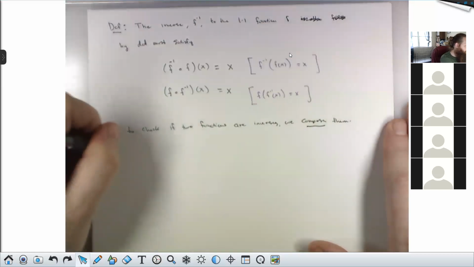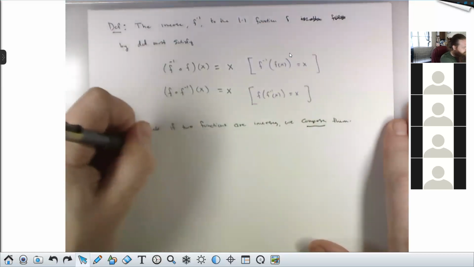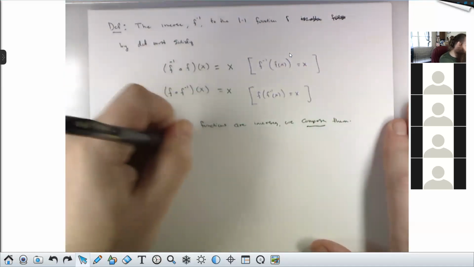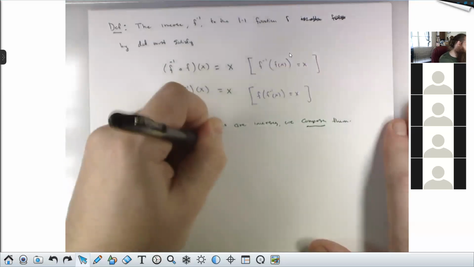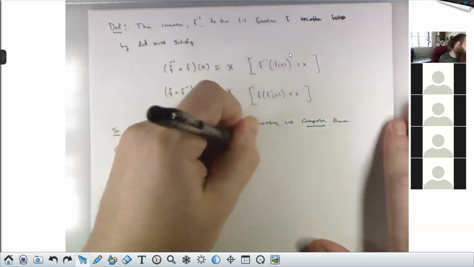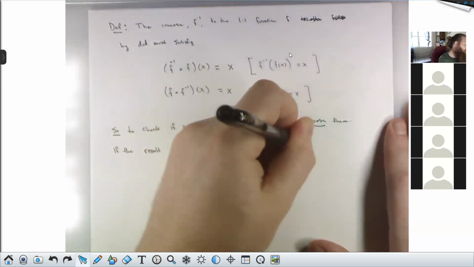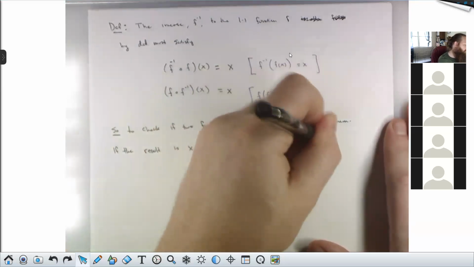If the result is x when composed both ways, then the functions are inverses.